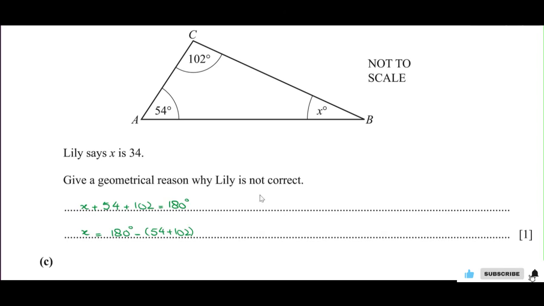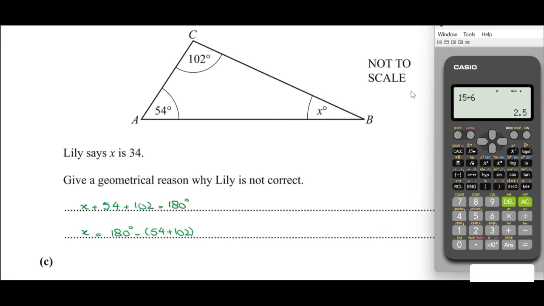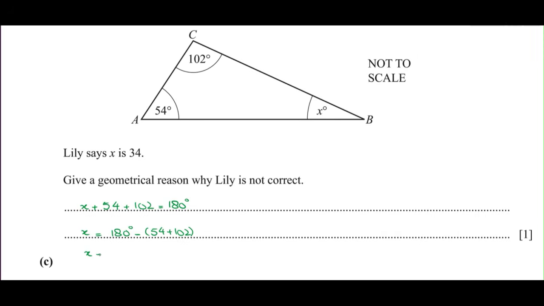Let me calculate this. 180 subtract the sum of 54 and 102 is 24. So x is equal to 24 degrees, but she said x is 34 degrees. Why is she incorrect? We need to give a geometrical reason.